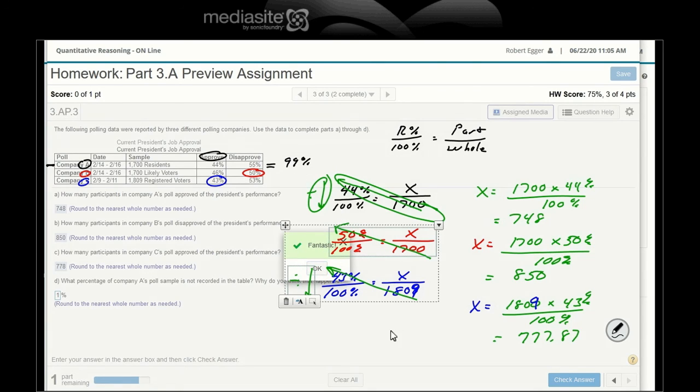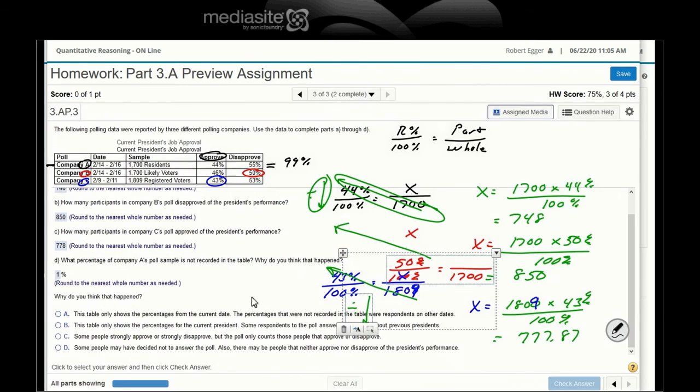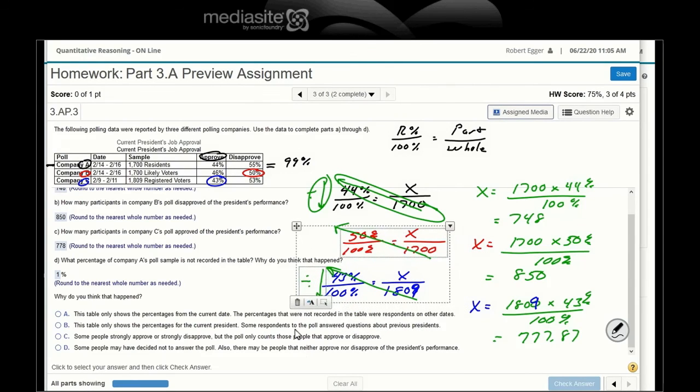Let's see. Why do you think that happened? So let's see. A, only shows percent from current date. Nope. Table only shows percentage for the current president.